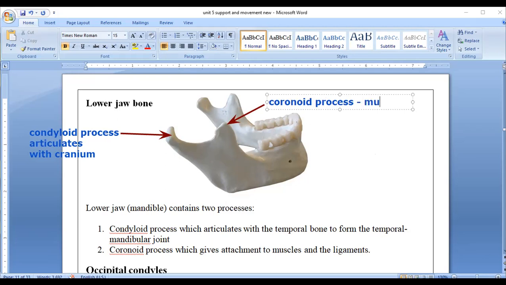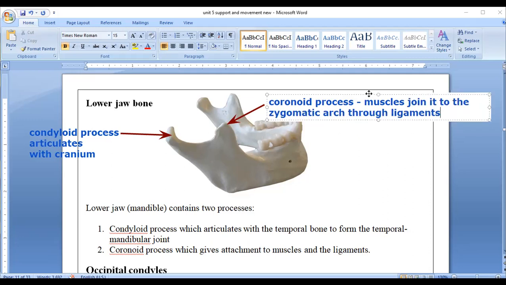Muscles join it to the zygomatic process, or zygomatic arc, through ligaments. So the zygomatic arc is a muscle attaching place. Clear?